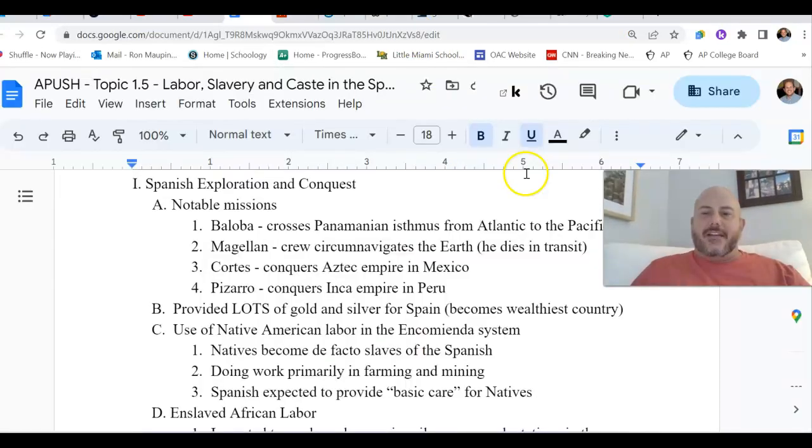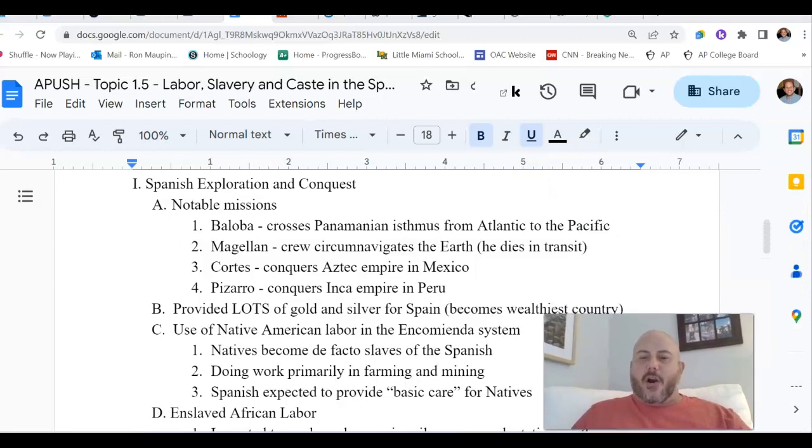So understand that what is sparked by Columbus is going to be expanded upon by several more explorers. And we're just hitting the highlights.